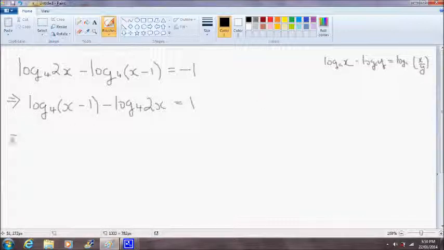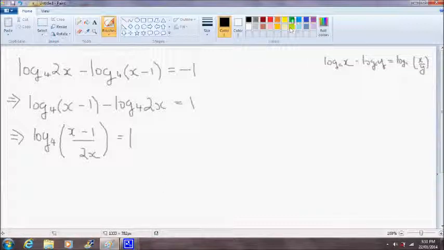So that applies here, so I'm going to combine these two to become log to the base 4 of x minus 1 on 2x. And the equals 1 remains.